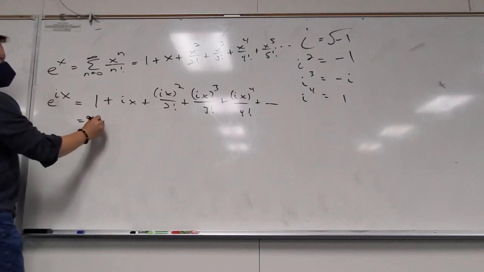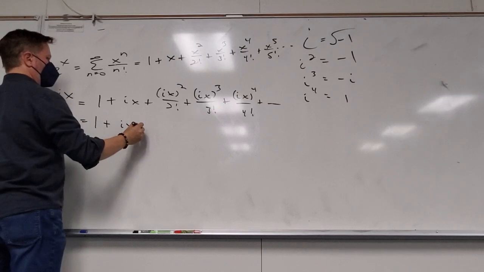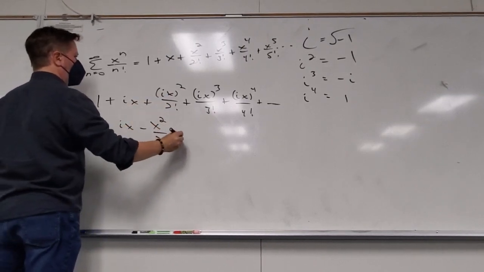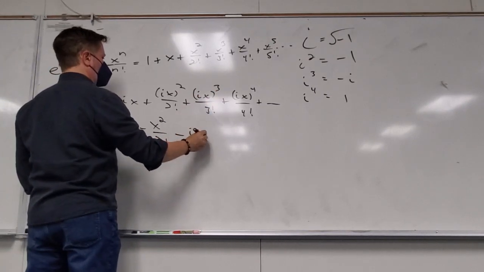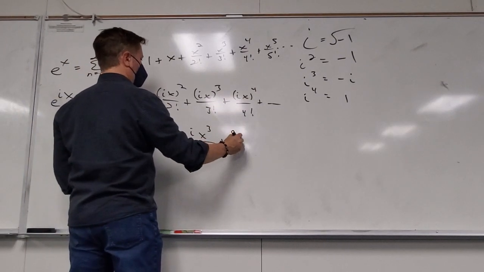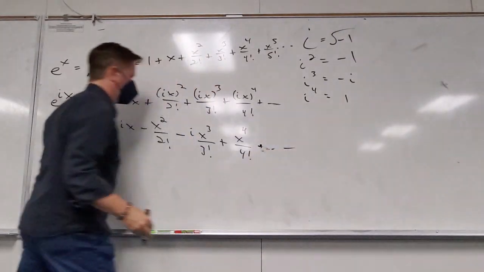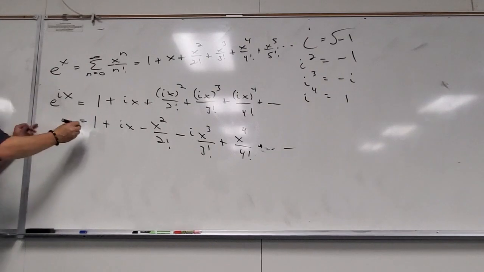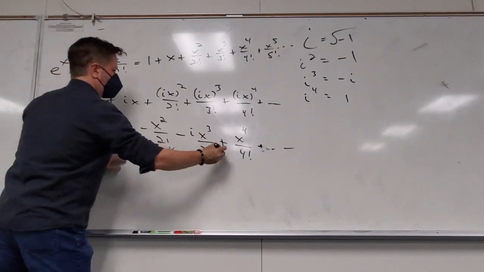So I get 1 plus ix. What's I squared? Negative 1. So minus x squared over 2 factorial. What's I cubed? Minus ix cubed over 3 factorial. I to the 4th, 1. Look at the even terms. What is this series?